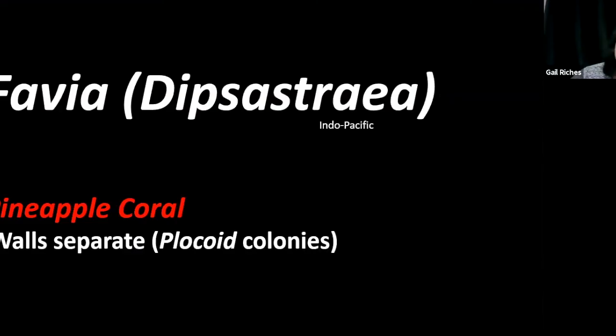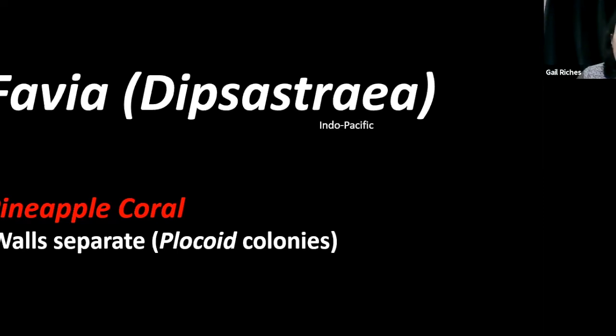And the last one is Favia. In brackets it says Dipsastraea, which is the genus name if it's from the Indo-Pacific. Recently there were a few changes made to the names of genera and families in coral taxonomy based on genetic findings.